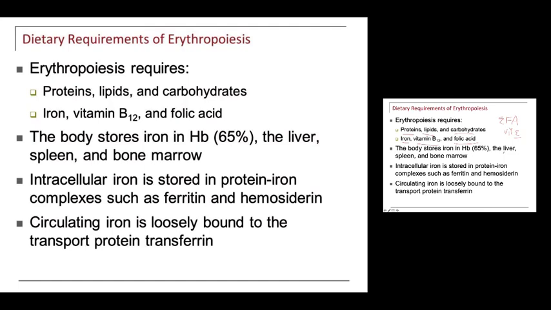The intracellular iron is stored in protein iron complexes such as ferritin and hemosiderin. Hemosiderin tends to be somewhat toxic in higher concentrations, especially to the vasculature. Ferritin, not so much. And transferrin is the primary transport protein for iron transport.